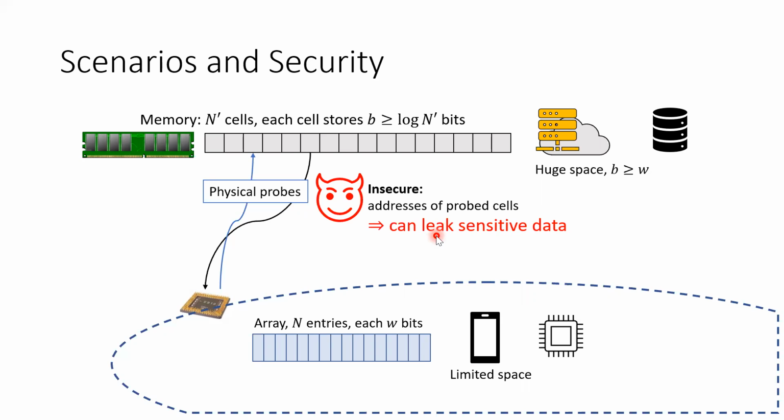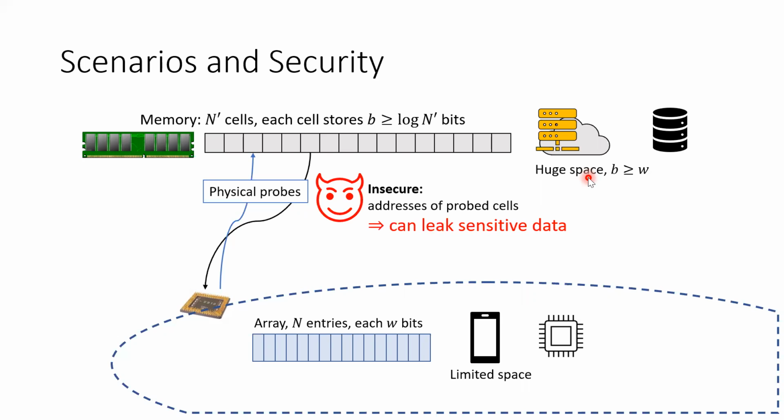For example, in the cloud server scenario, the adversary can monitor the communication between the two sides and see which location is accessed on the physical memory.